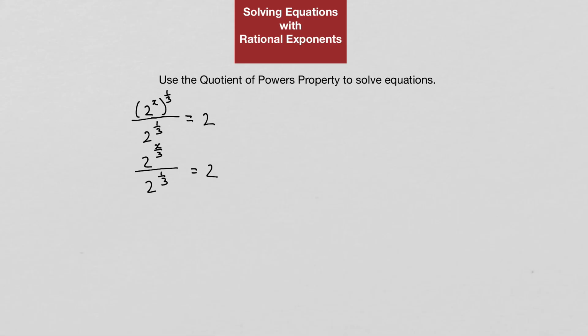In other words, we would rewrite it like this: 2 to the x over 3 power minus 1/3 is equal to 2. Okay, so let's pause here for a second and take a look. We kept this base, however, we raised it to the x over 3 power, which is what we had here. And we subtracted this power, writing it down here, and we no longer have a denominator.